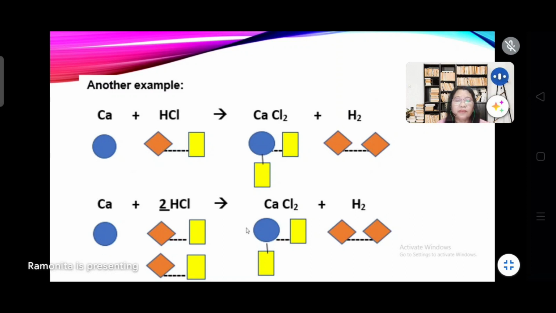From the reactant, our hydrogen, which is the diamond, are already 2, and our chlorine has 2 rectangles. The same thing with the product: there is only 1 calcium, 2 rectangles that represent the chlorine, and 2 diamonds that represent the hydrogen gas. So the equation is now balanced based on the given symbols or shapes.